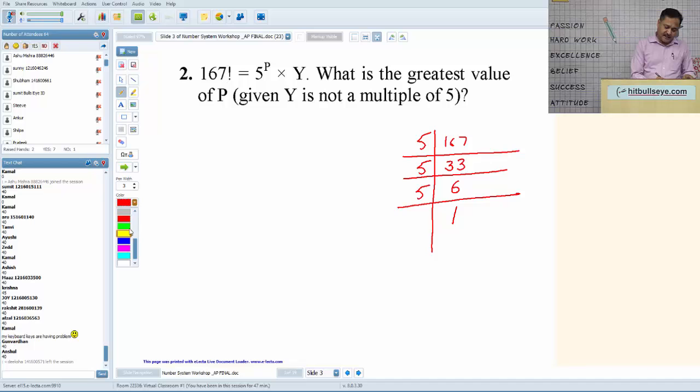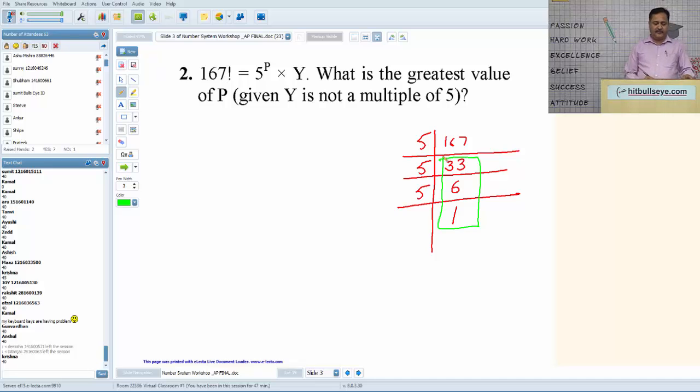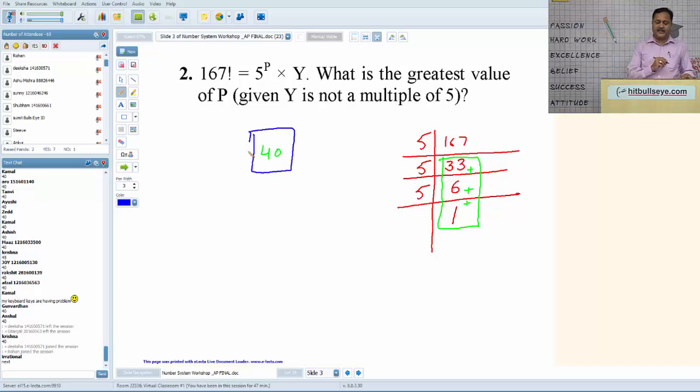So our quotients are 33, 6 and 1. The highest power of 5 in 167 factorial is 33 plus 6 plus 1. So the answer is 40. Let us move to the next question.